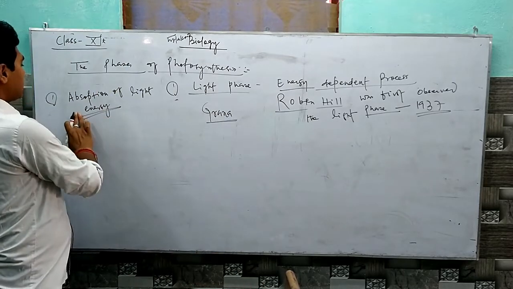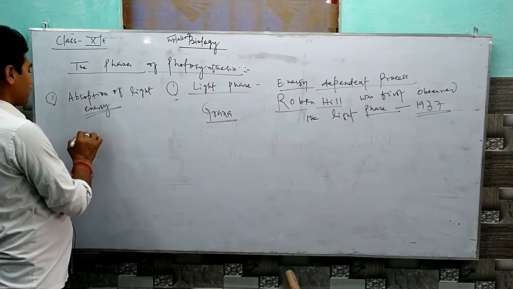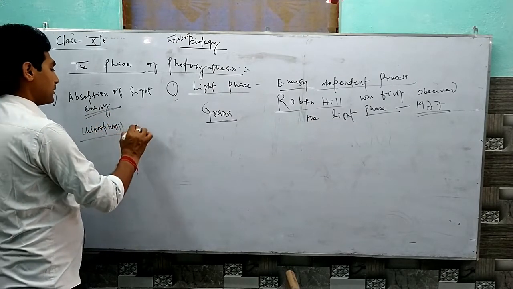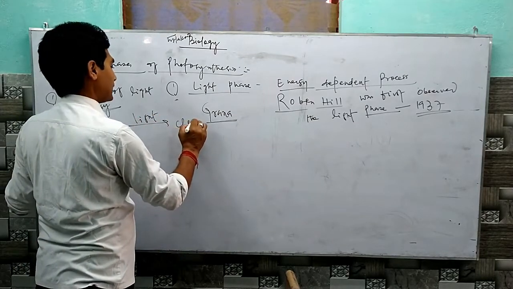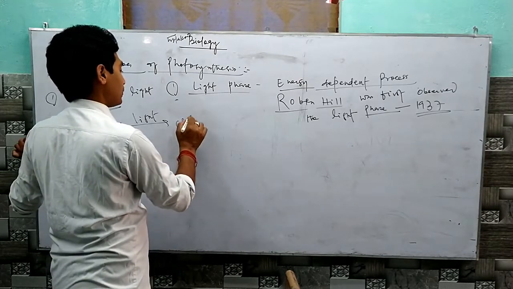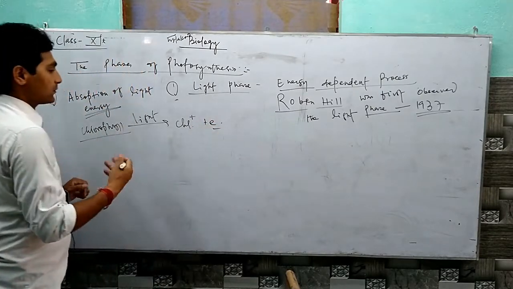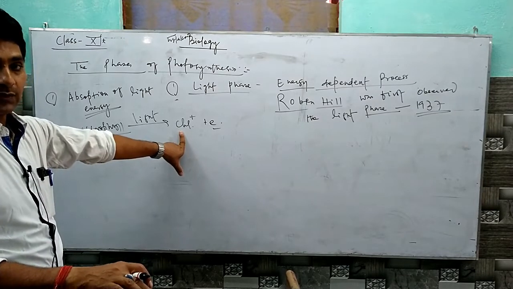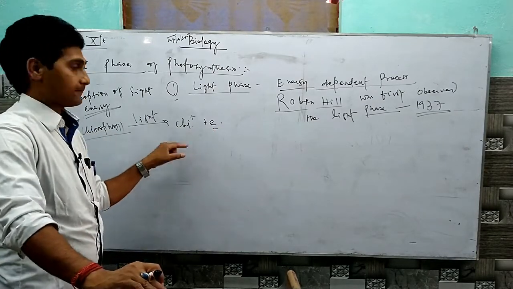So when the chlorophyll molecule traps solar energy, it forms chlorophyll ion. When it absorbs sunlight, it forms CHL plus, in short form, plus one electron. Because here the molecule of chlorophyll gets excited to release the electron to form chlorophyll ion.